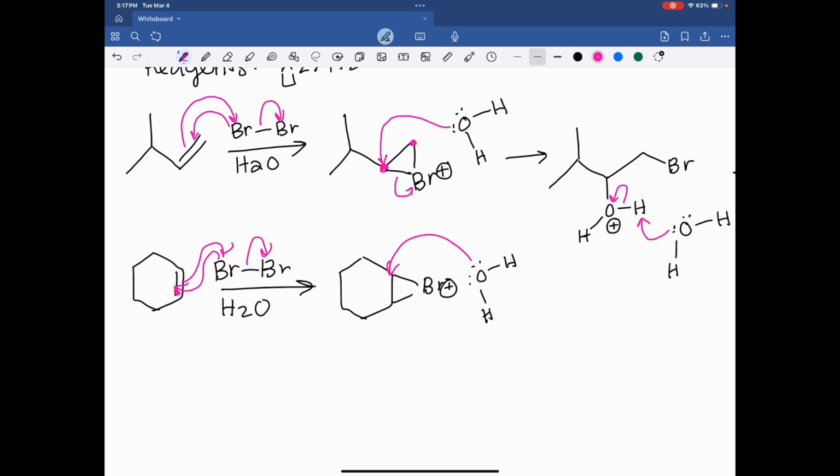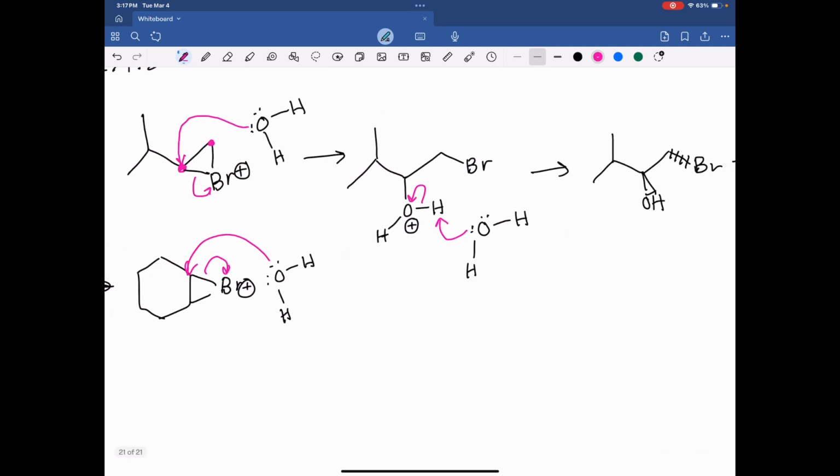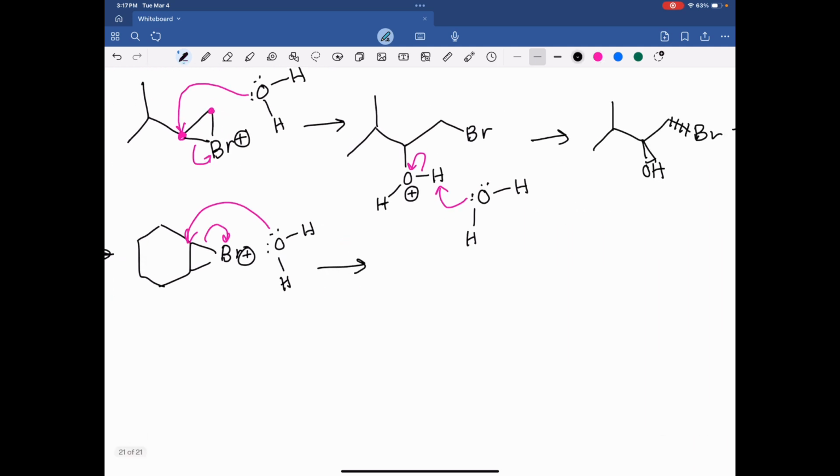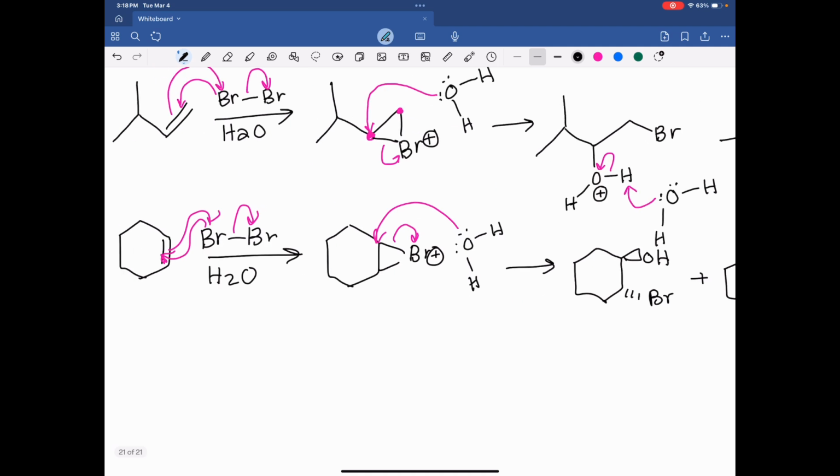Let's have it attack this top one. This bond goes to the bromine. And my drawing is getting ugly, but you get the gist. We will get OH, Br plus that. Perfect.